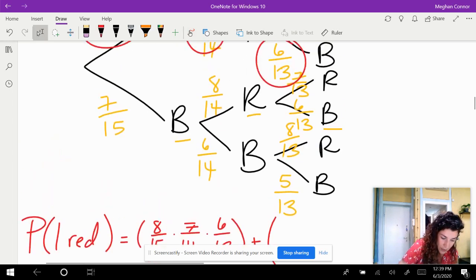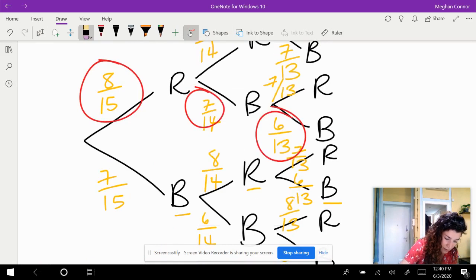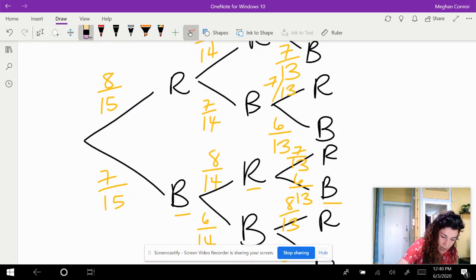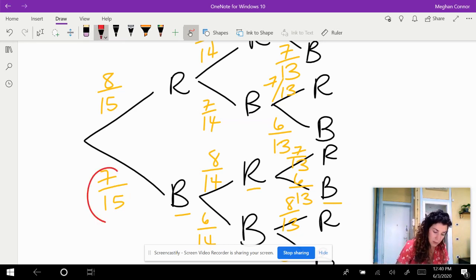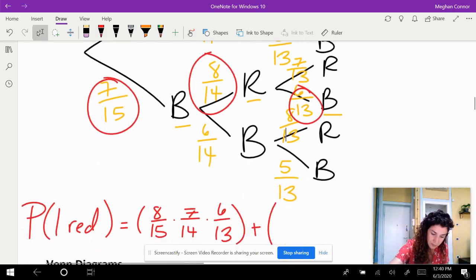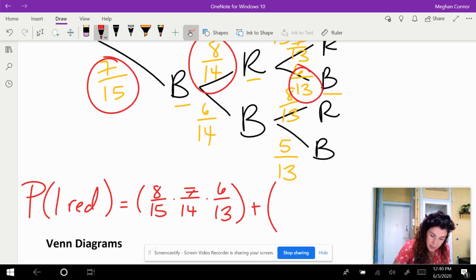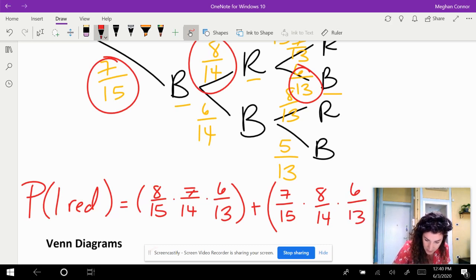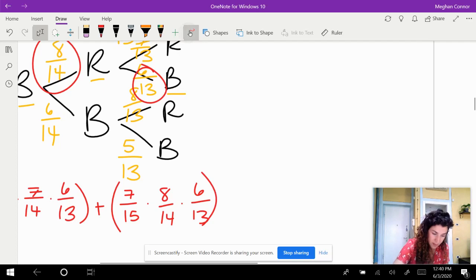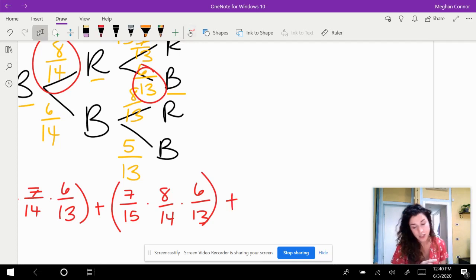Plus, and then our next option, let me go in and erase those circles so we can follow. Our next option would then be blue and then red and then blue. So blue and then red and then blue are right there. 7 out of 15 times 8 out of 14 times 6 out of 13. With those multiplications and with the additions, it doesn't matter which order you multiply it in or which order you add them in.